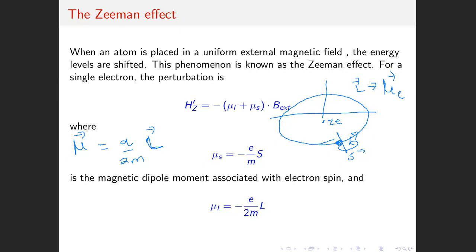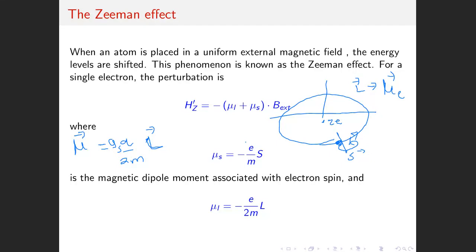And even in this case, quantum mechanically, you still get the same result. However, for the electron, there's a g factor. This is called the anomalous magnetic moment of the electron, which is 2.